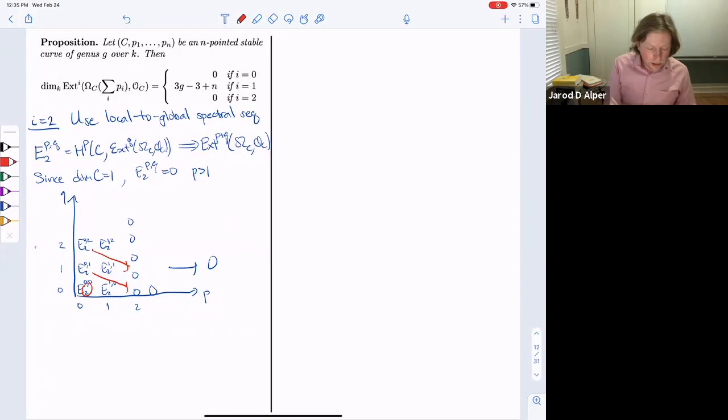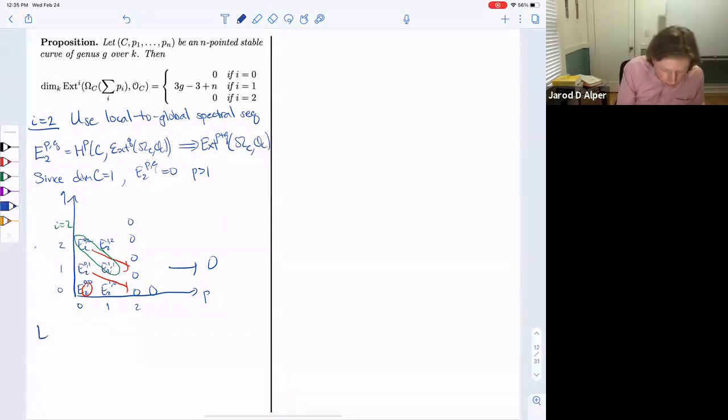And to compute i equals 2, the relevant information is on these two terms. This is the interesting stuff when i equals 2, because these give you the factors of the filtration of Ext2, essentially. Right, and so let's see if we can compute them.